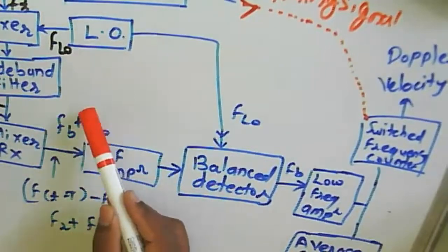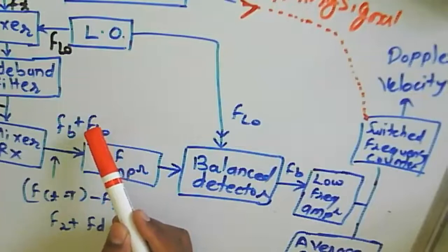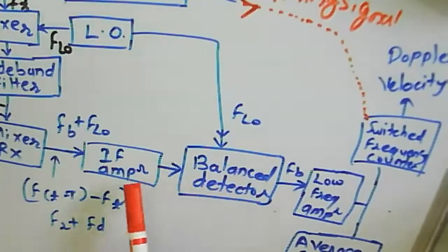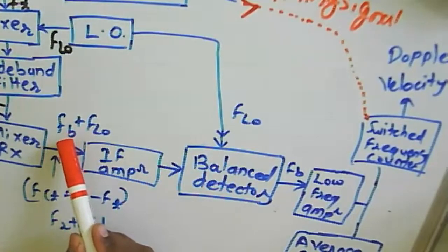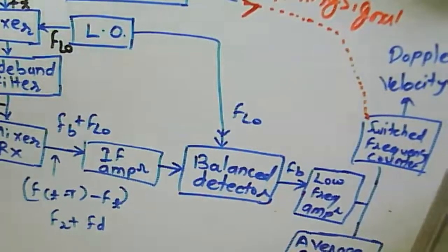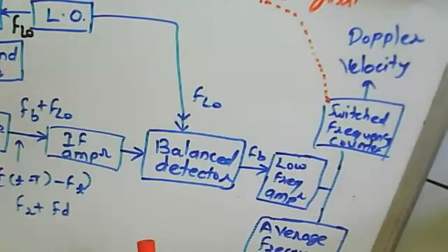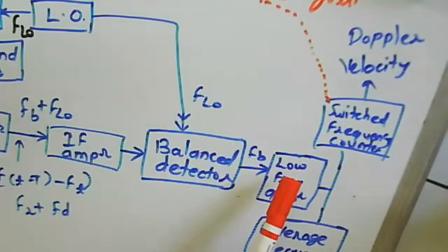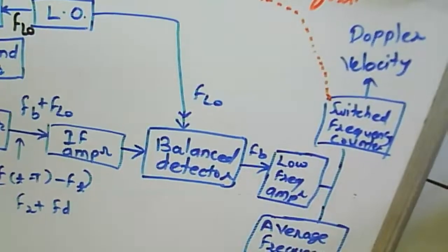It has FB plus local oscillator frequencies, and the output of that particular detector contains that beat frequency signal FB. That beat frequency signal is to be amplified first, and then applied to the frequency counter, and through that we are able to obtain the range of the target and the Doppler velocity there.